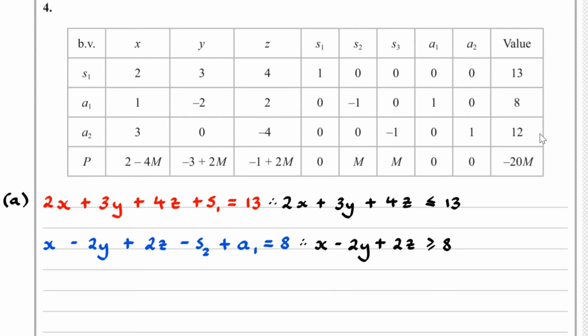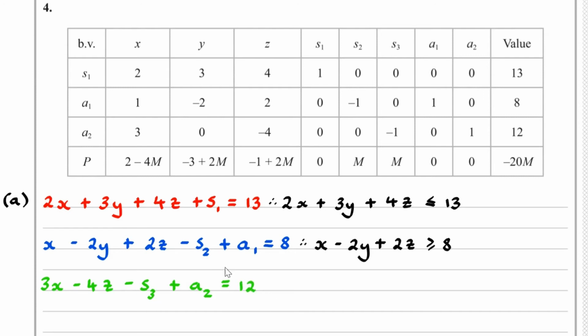If we take a look at the A2 row, we've got 3x, 0y's, and then we subtract 4z. We subtract a surplus S3, but then we add an artificial A2. The result of this is 12.